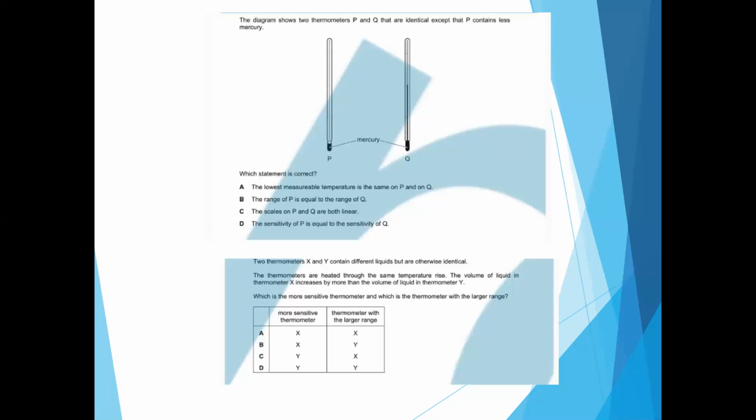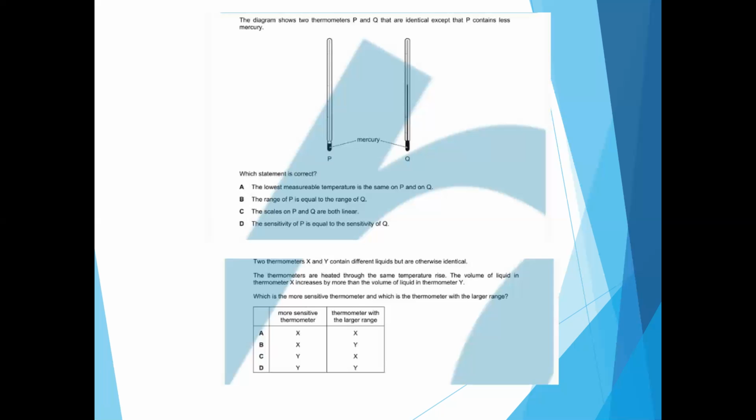Because sensitivity is the increase in the volume or the increase in the length of the stem per change in temperature. Since the length of X is increasing more, the volume is increasing more, so X is more sensitive. And Y, the thermometer, has the larger range. Why?